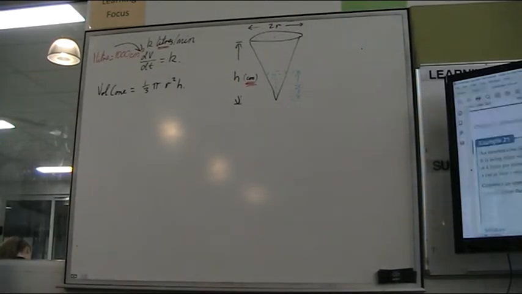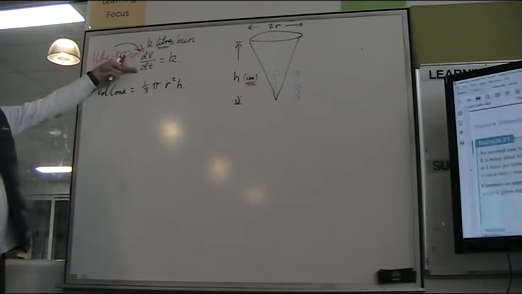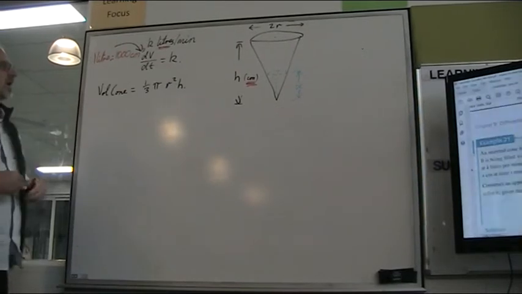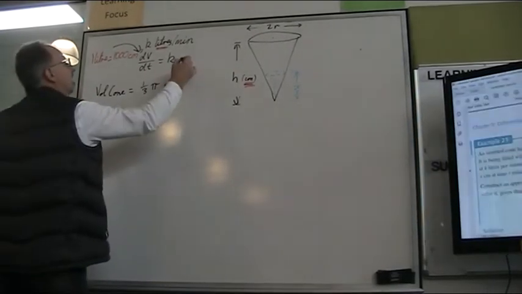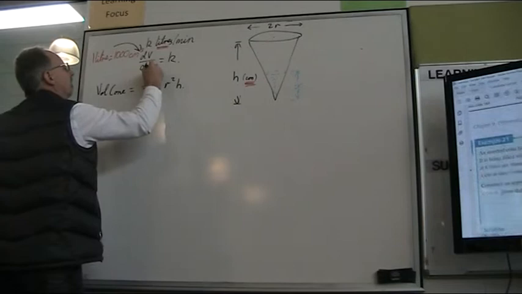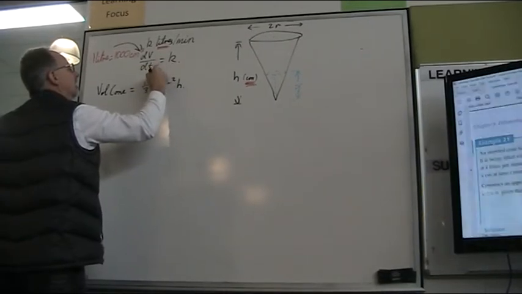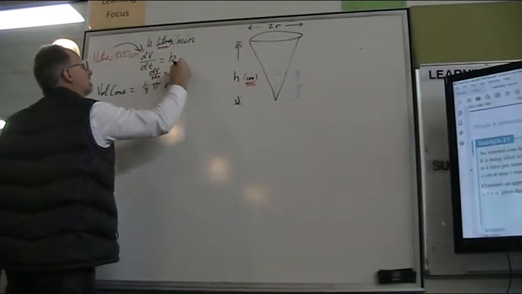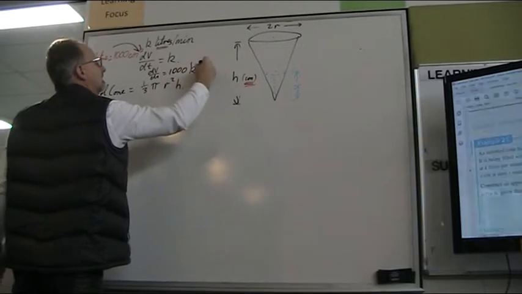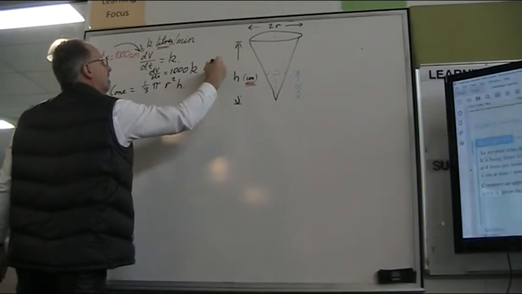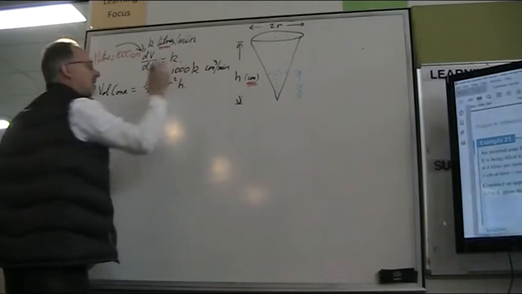So my rate of change of volume of water, rather than just K, is dV dt equals 1,000 K, that's now in centimetres cubed per minute.